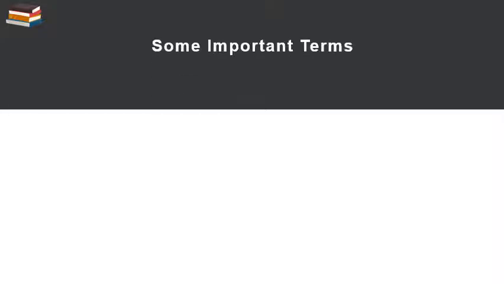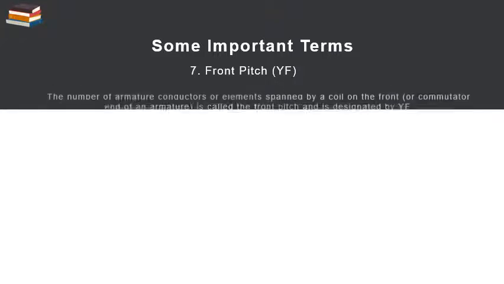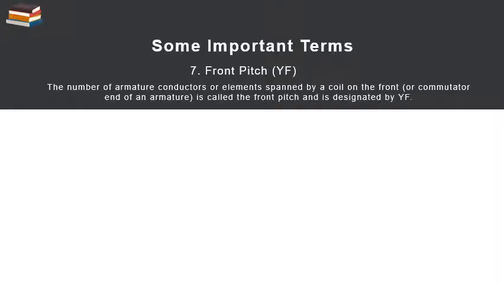Next is number 7, front pitch. It is denoted by YF. It is defined as the number of armature conductors or elements spanned by a coil on the front or commutator end of the armature, and it is designated by YF.